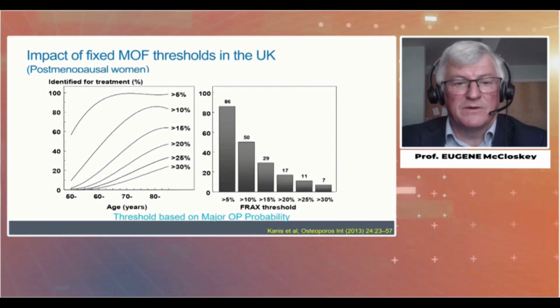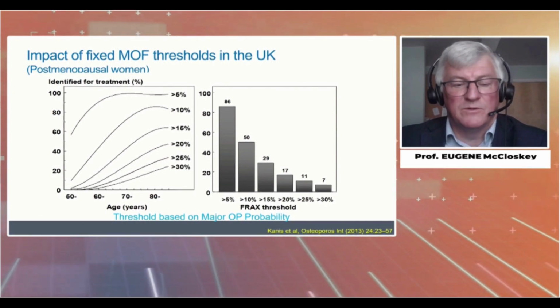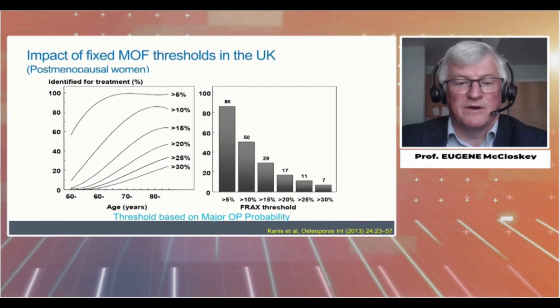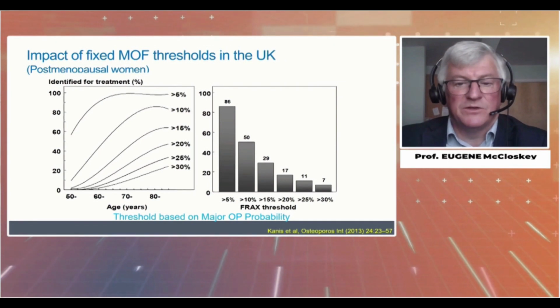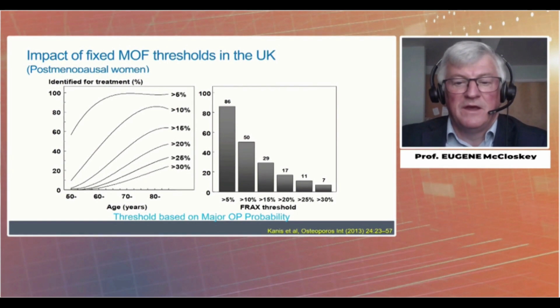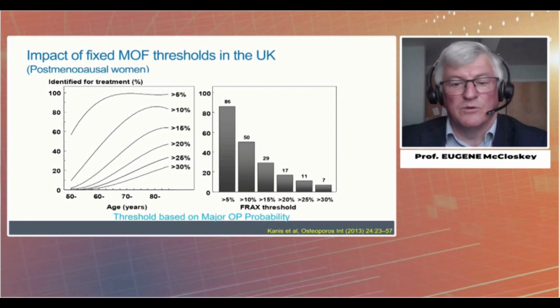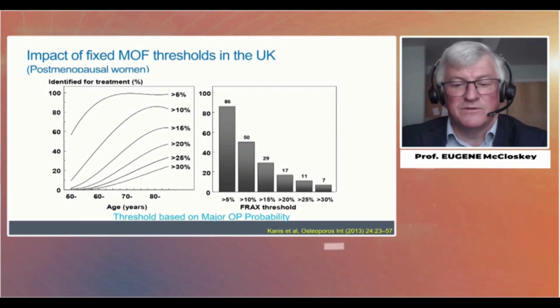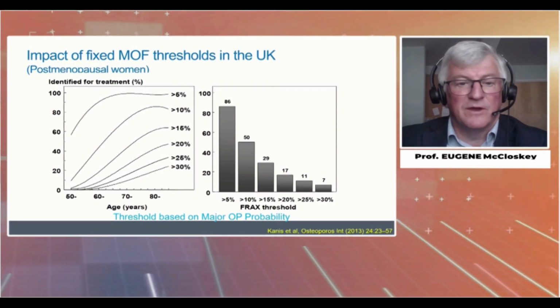And the impact on the proportion of the postmenopausal women that will be identified for treatment is shown on the left graph as a line graph, and then as a total proportion of the population above each of those thresholds on the bar graph on the right.